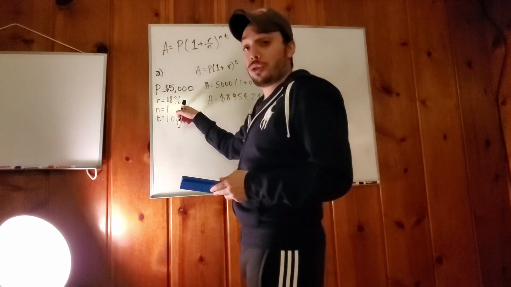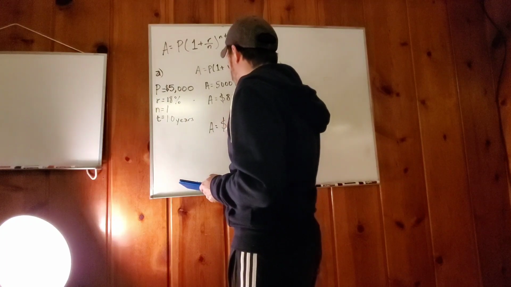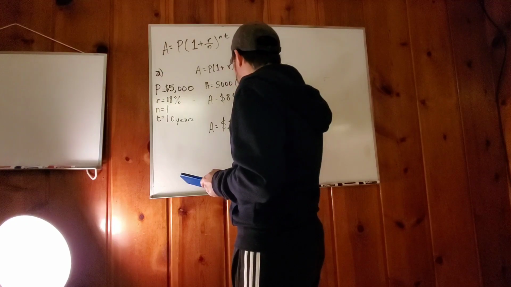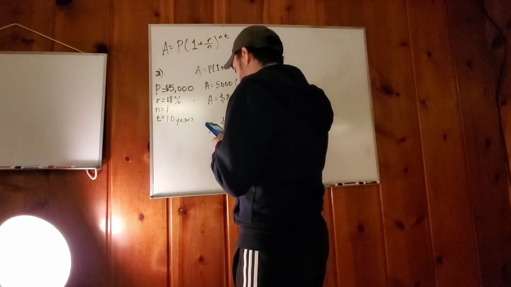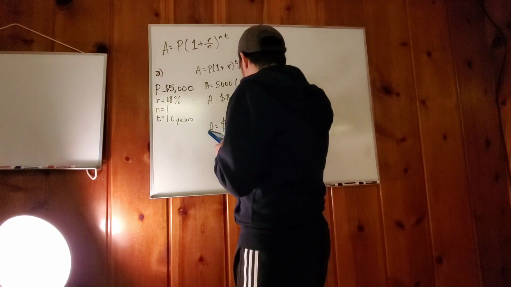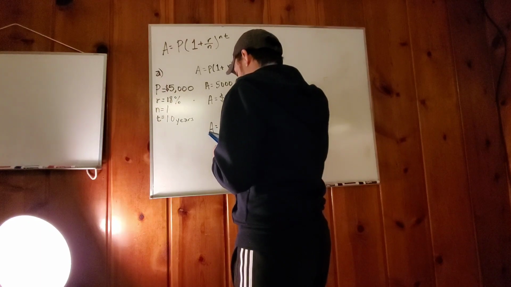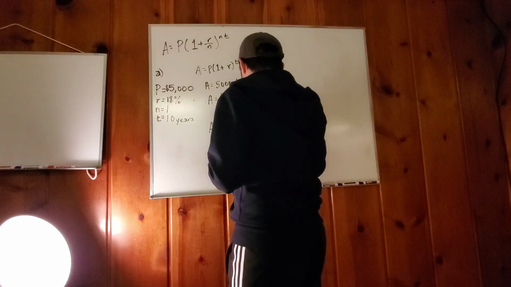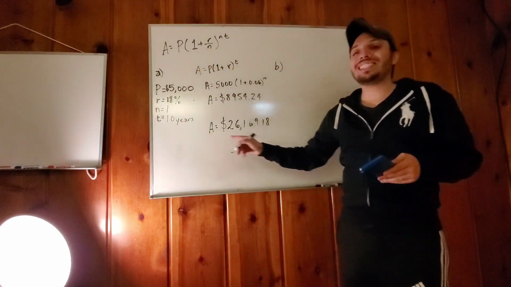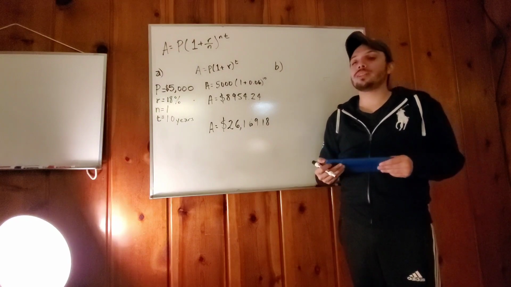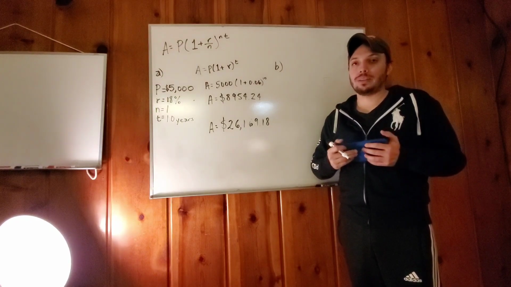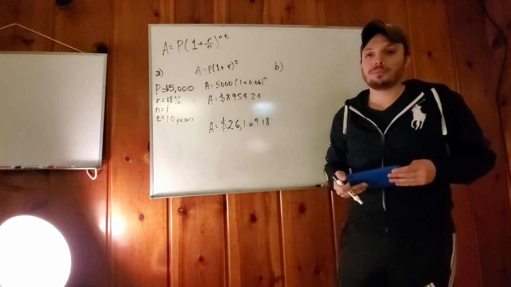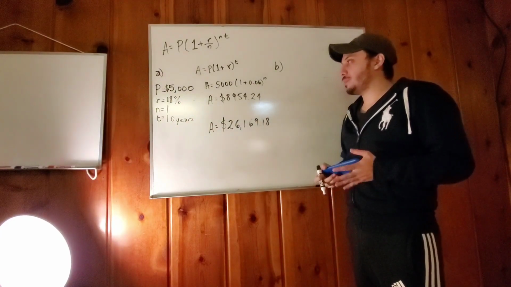At 18%, which is not bad, and this is literally how they make their money: $26,169.18 with an 18% APR. That is ridiculous.